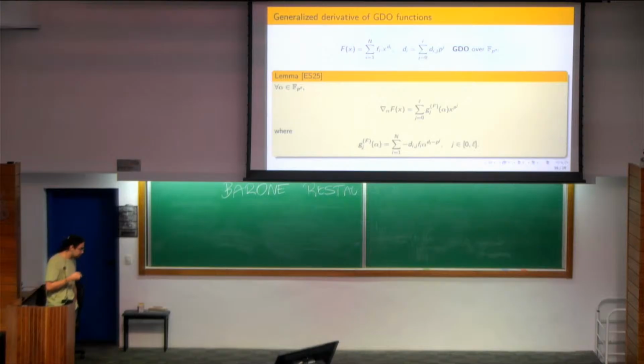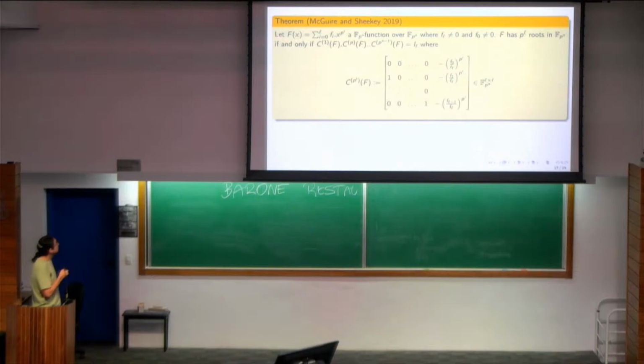And we have a very good result given by McGuire and Sheekey about those polynomials: if we have a linearized polynomial of p-degree L, where the dominant coefficient F_L is not 0 and the lowest coefficient is not 0, then F has p to the power of L roots in this extension field if and only if this matrix here is equal to the identity.